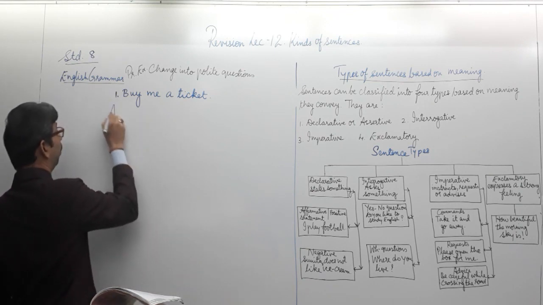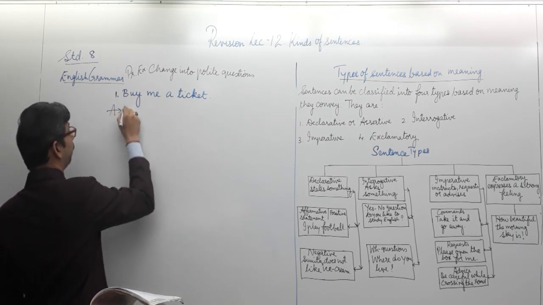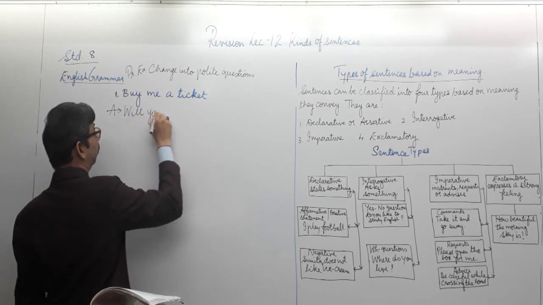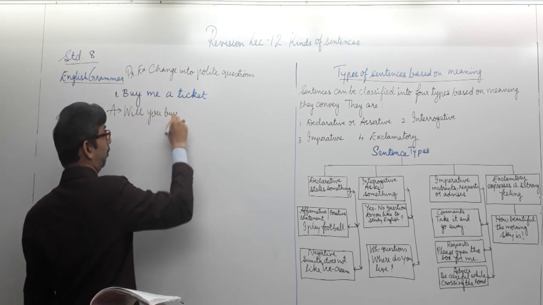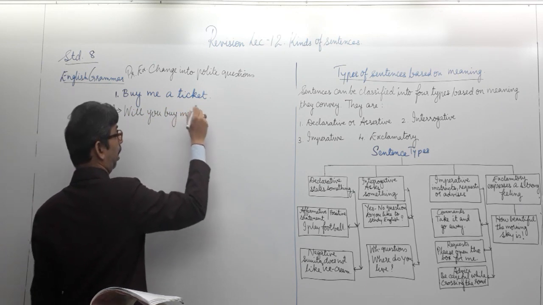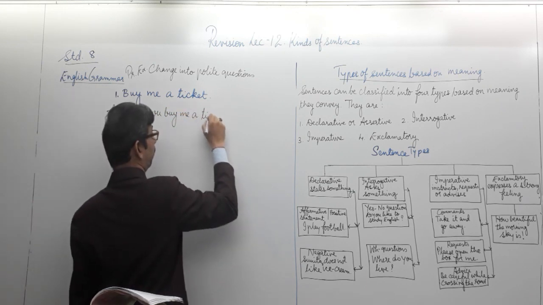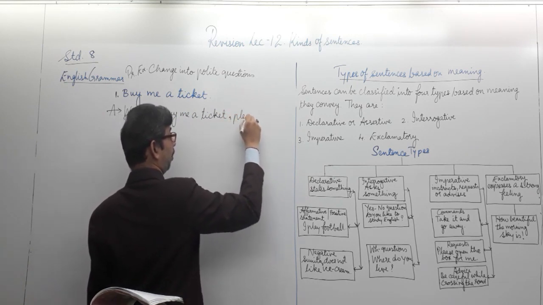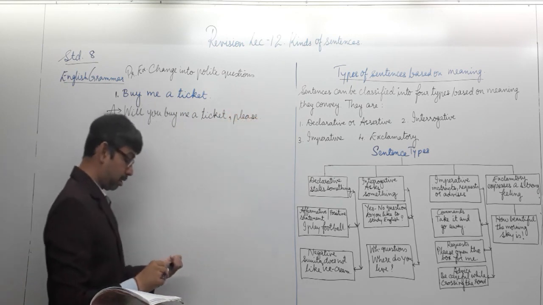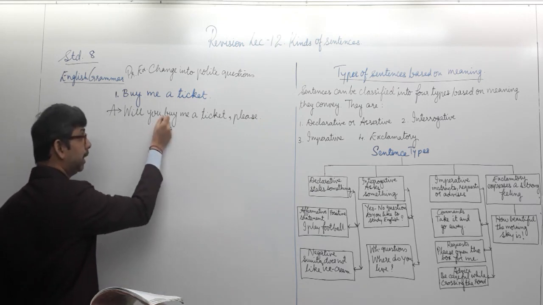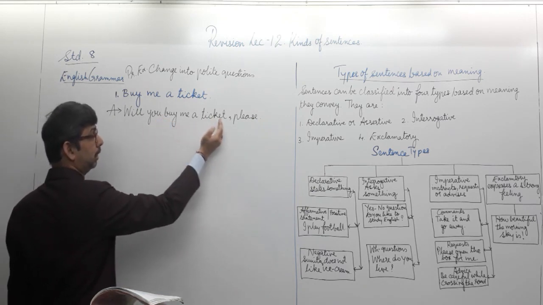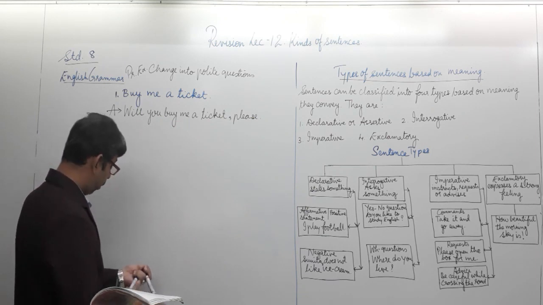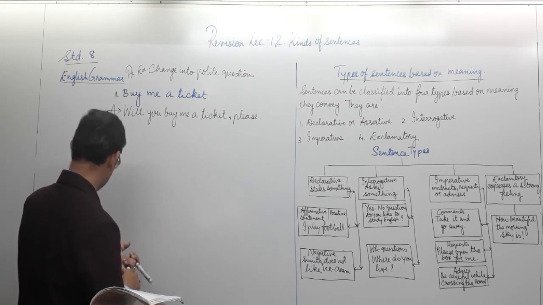So the answer is going to be the polite question beginning with the auxiliary verb will. Or alternatively we can write, will you please buy me a ticket, and the full stop applied over there. Alternatively you can write it in that manner too.